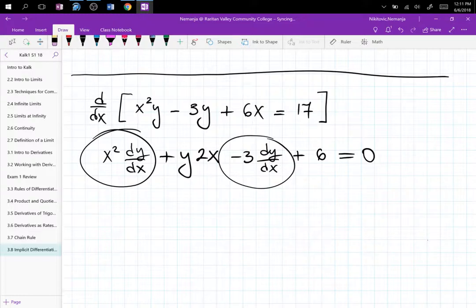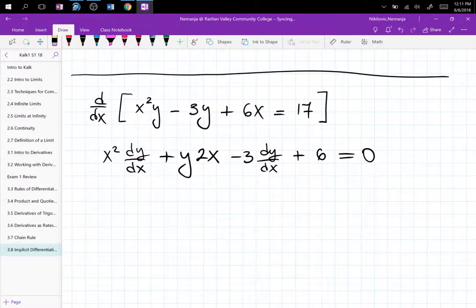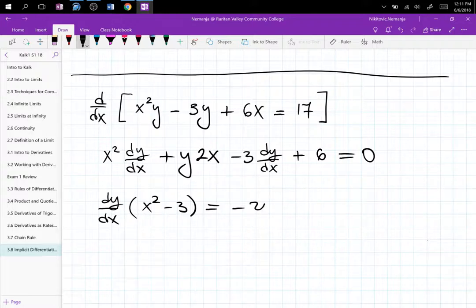So it should be common sense that these are the terms that should stay on the left, and then factor it out, and then move everything else to the right. So what I have is dy dx, and then I have x squared minus 3. And then on the other side, I have negative 2xy minus 6. I take these two terms to the other side because they don't have dy dx, so that I can factor out dy dx.